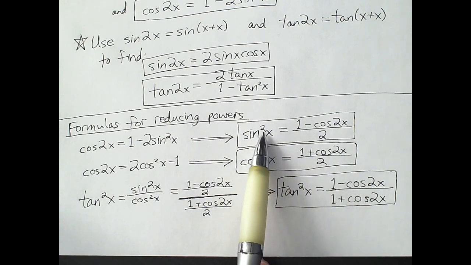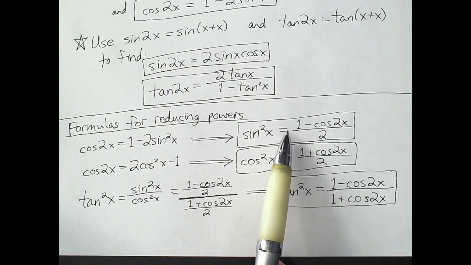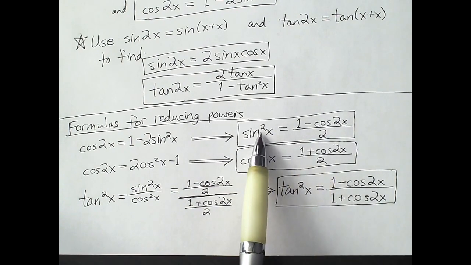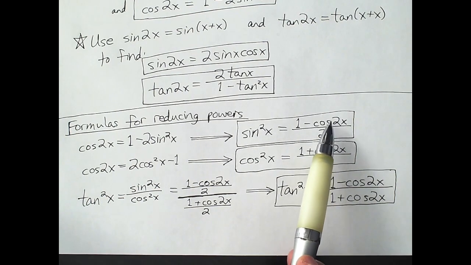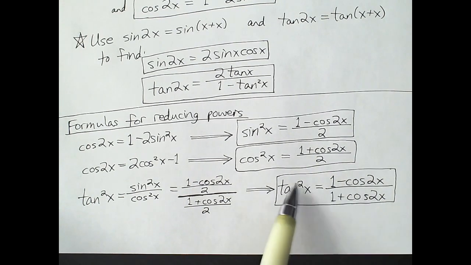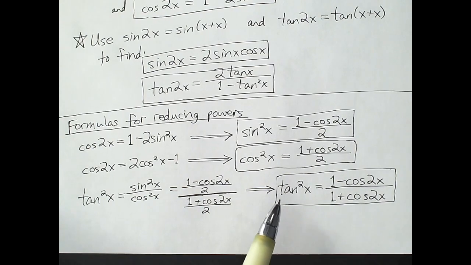Now, it might not even go to the same trig function. Sine squared x turns into this form of cosine. So it's like taking a second power trig function and turning it into a first power trig function, but it might not even be the same trig function you started with. In a way, it's sometimes helpful, though.